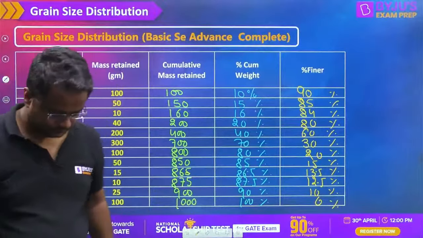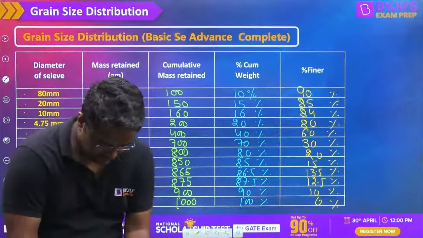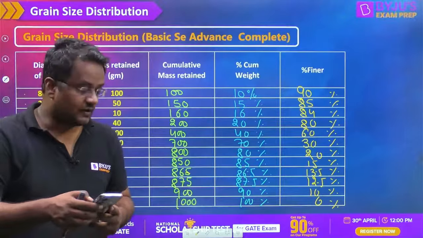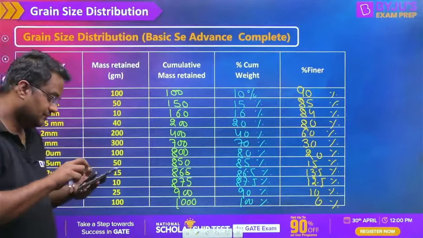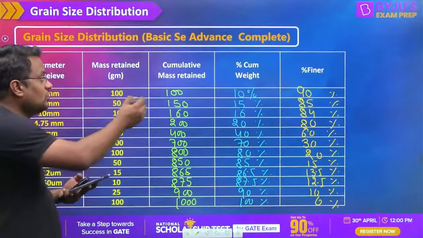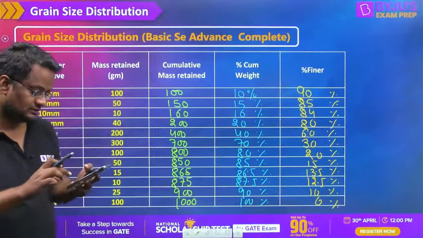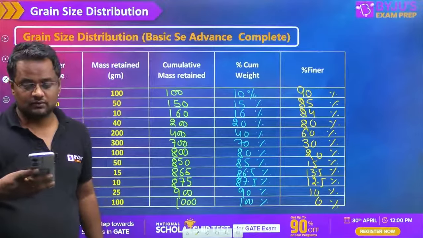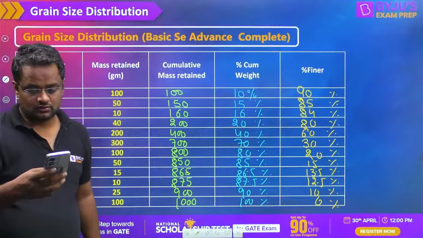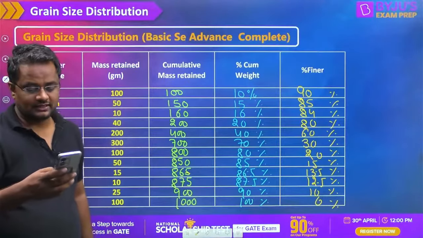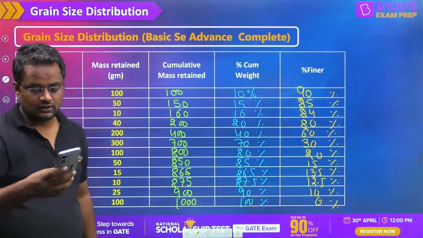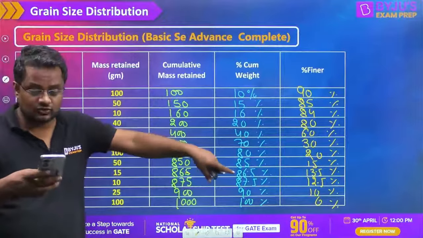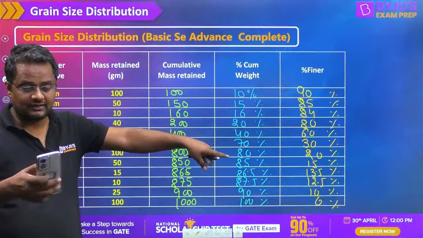See, everyone, every commando, if out of 1000 gram, 100 is retained here, that means 900 is going down.